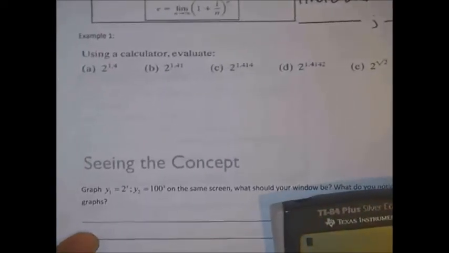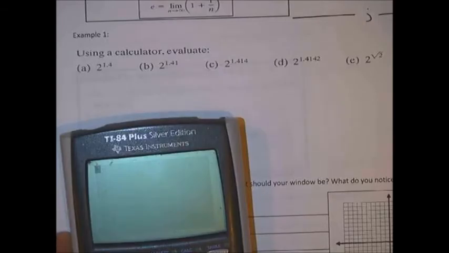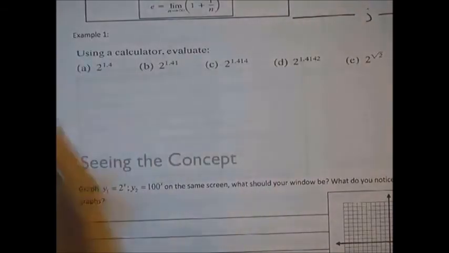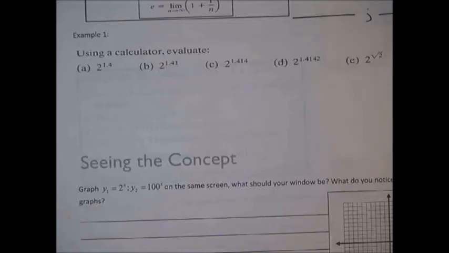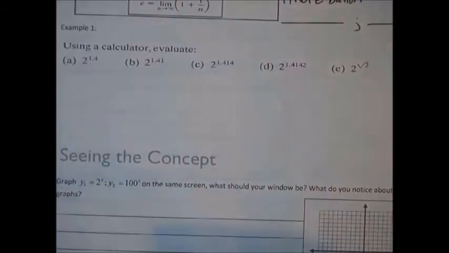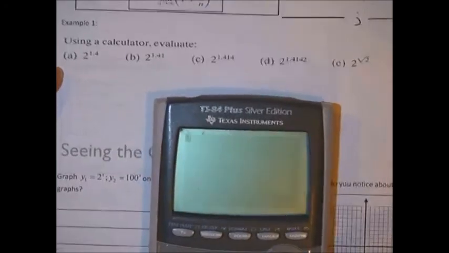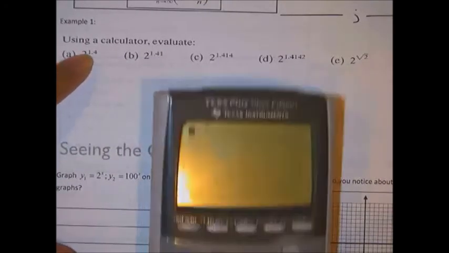Okay, example 1. Using a calculator, evaluate. I'm going to do A and E with you, and then your job is to use your calculator to do the rest. If you're faster than me, you can do all of them on your own. Using the calculator, evaluate 2 to the power 1.4.